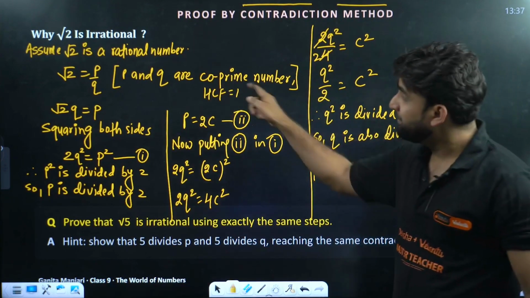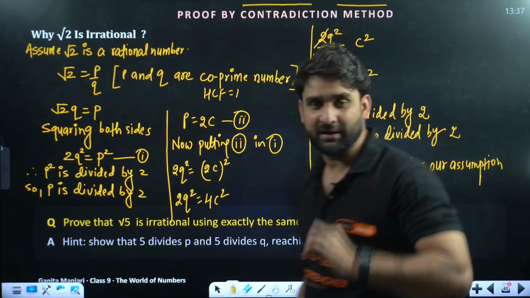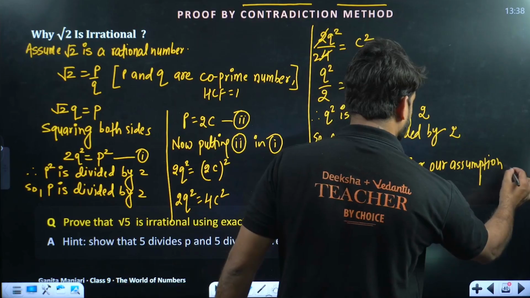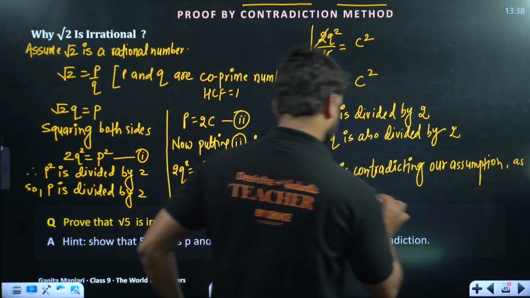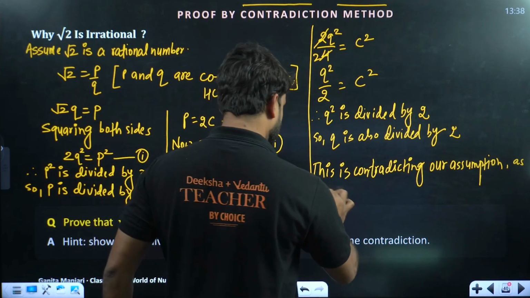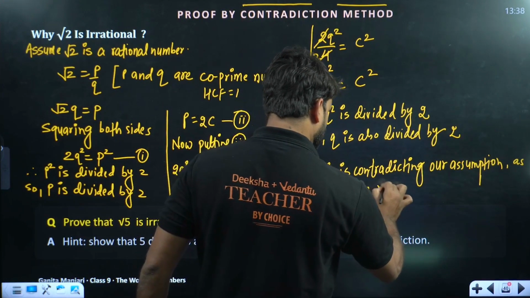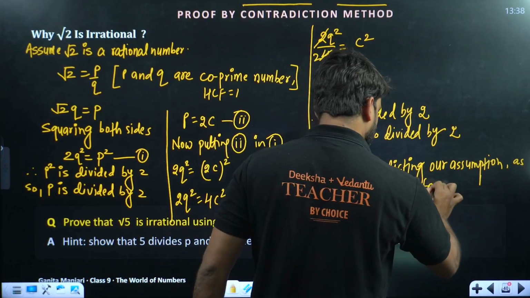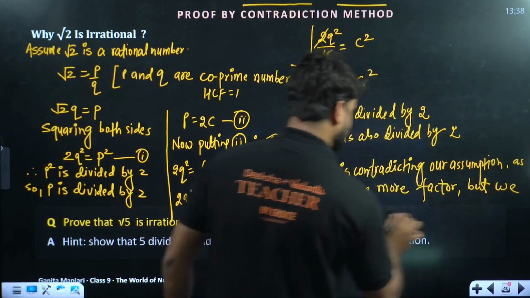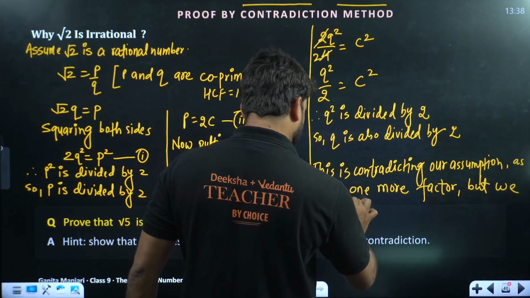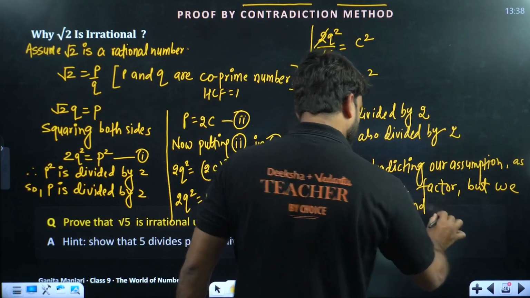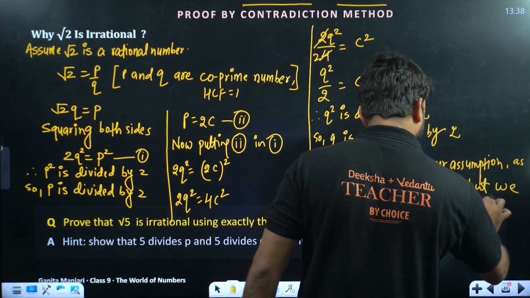Our assumption was P and Q are co-prime, so only one factor is there, 1. But we are getting one more factor in the form of 2. So this is contradicting our assumption, as 2 is one more factor, but we assumed that P and Q are co-prime.